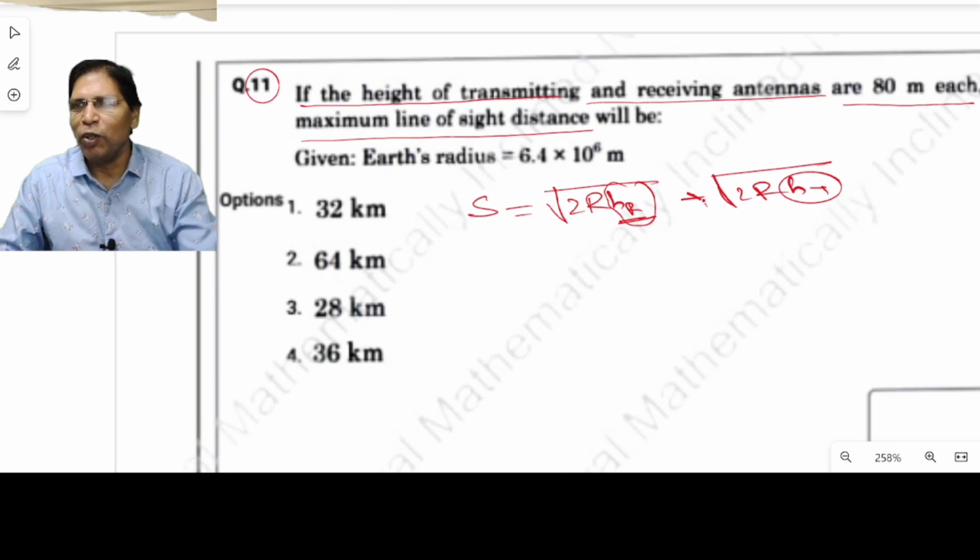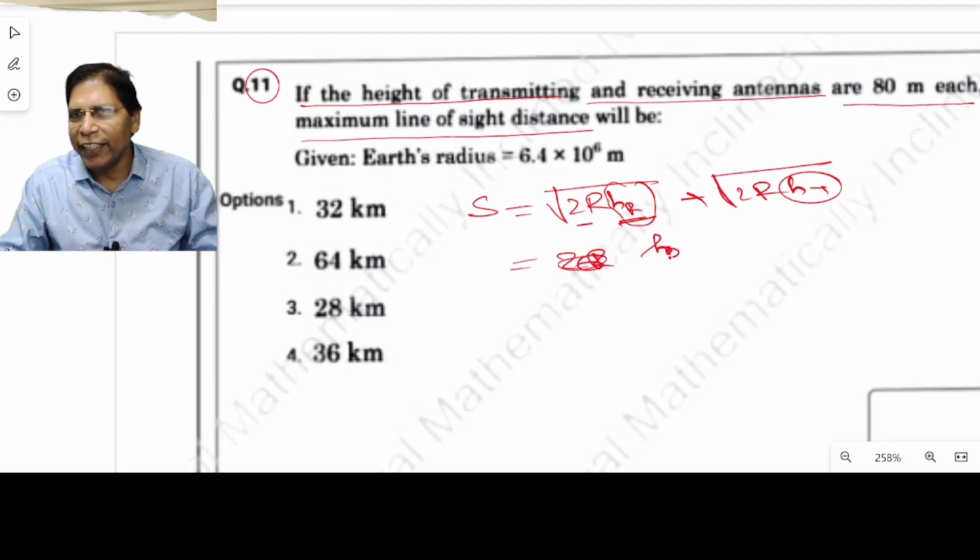Now put this value, hr equal to ht, therefore this is 2 into, 2 into r is 6.4 into 10 to the power 6, and this is the 80 meter.